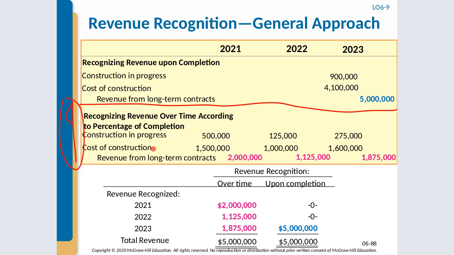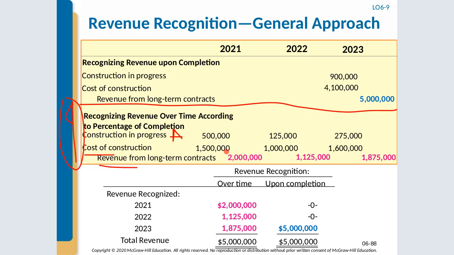The fourth entry is to recognize the revenue. We showed the calculation just a minute prior. We show the cost, the expense of our construction. And then we are going to debit, again, this is an asset account, our gross profit.